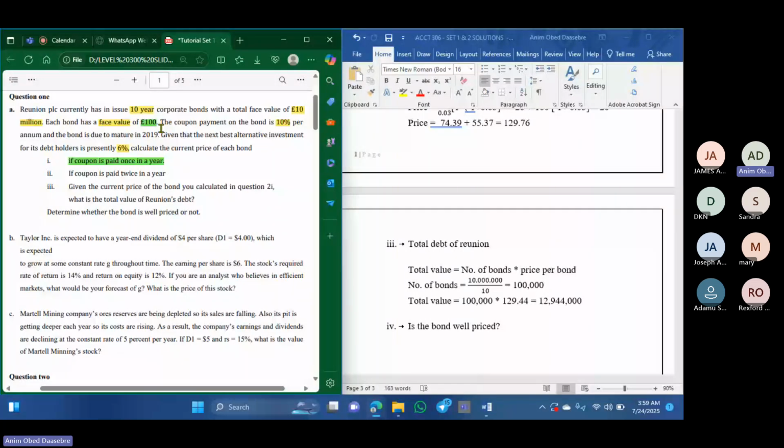And when the coupon rate is lower than the yield to maturity, then definitely the bond price will be lower than the par. That is the basis.